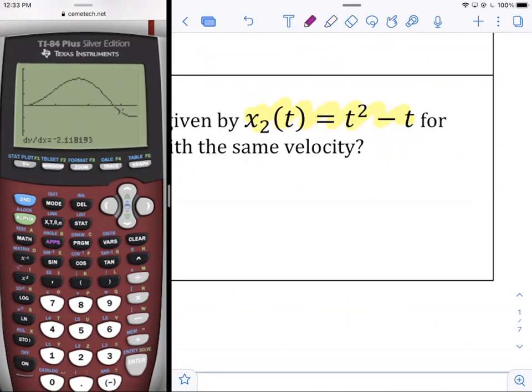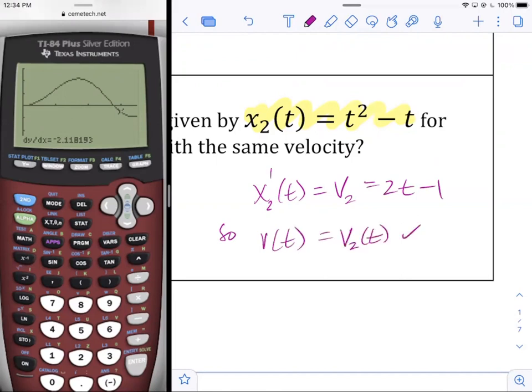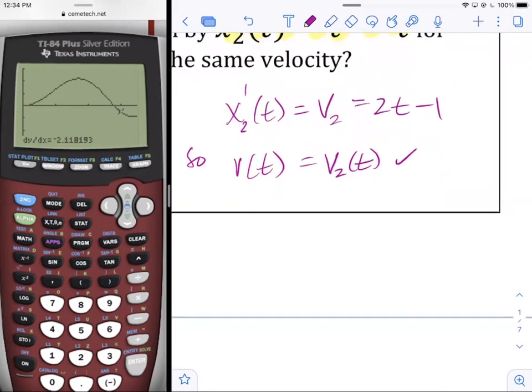I need to take the derivative, and here's where I'll need the equation. So this is pretty easy, right? X prime sub 2 of t, I'm going to call that v sub 2. That equals 2t minus 1. So now I can say v of t equals v sub 2 of t, and that would get a check for showing the equation you're solving.